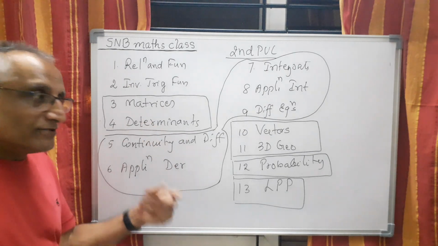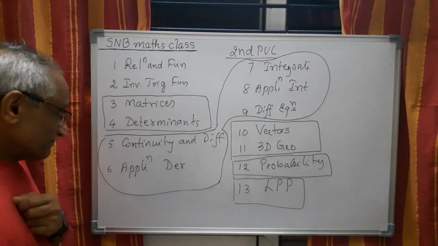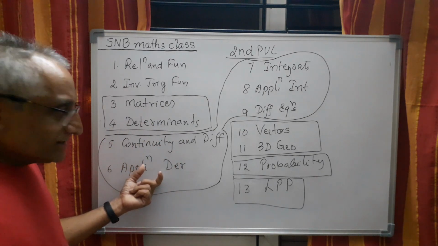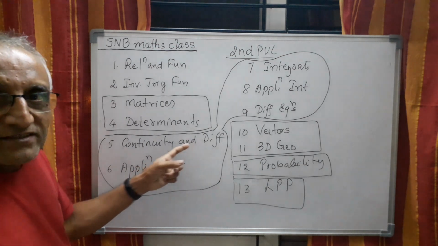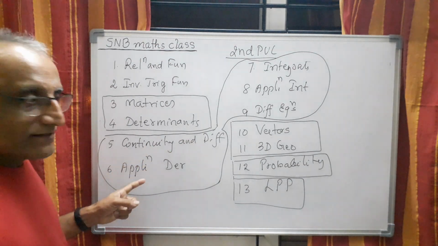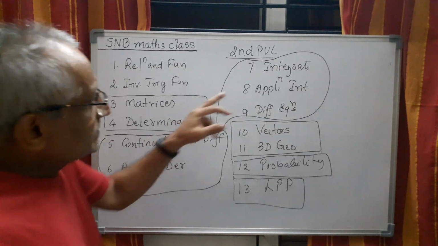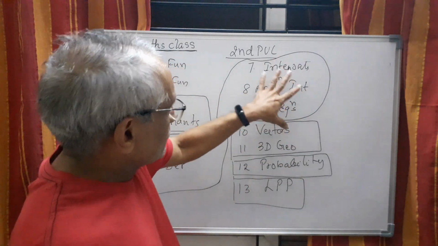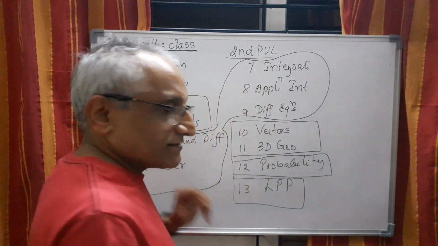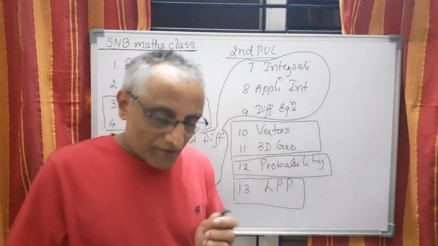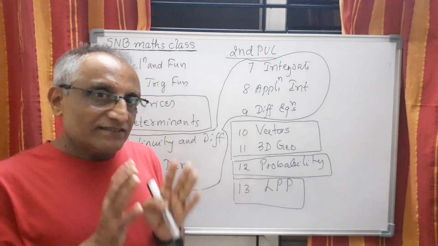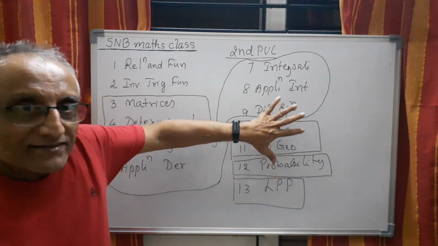That is the beginning thing. Without that you can't understand anything here. Of course, application of derivatives means a thorough understanding of differentiation is a must. Then only you can use this one. Similarly, I have already told you how integration requires differentiation, etc. Therefore, when you are planning for your study, please bear in mind these things.